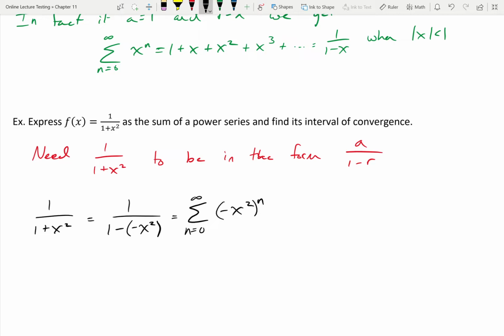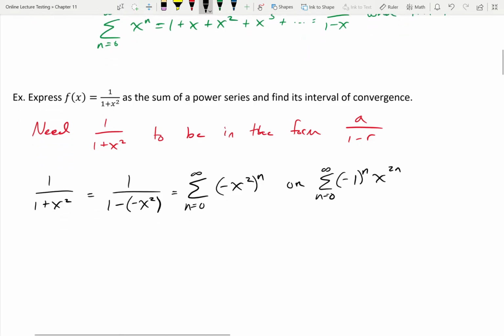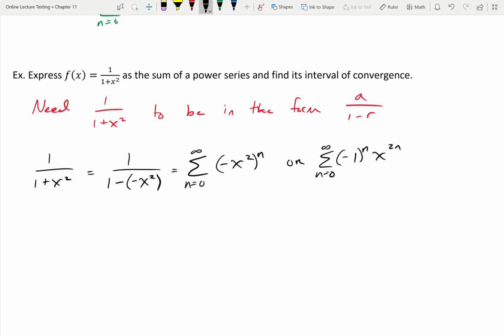Well, another way to write that is as an alternating series: negative 1 to the n, x to the 2n. All right, so this is our power series representation of 1 over 1 plus x squared. And we could rewrite this series out now as 1 minus x squared plus x to the 4th minus x to the 6th plus so on. Again, provided that this converges.